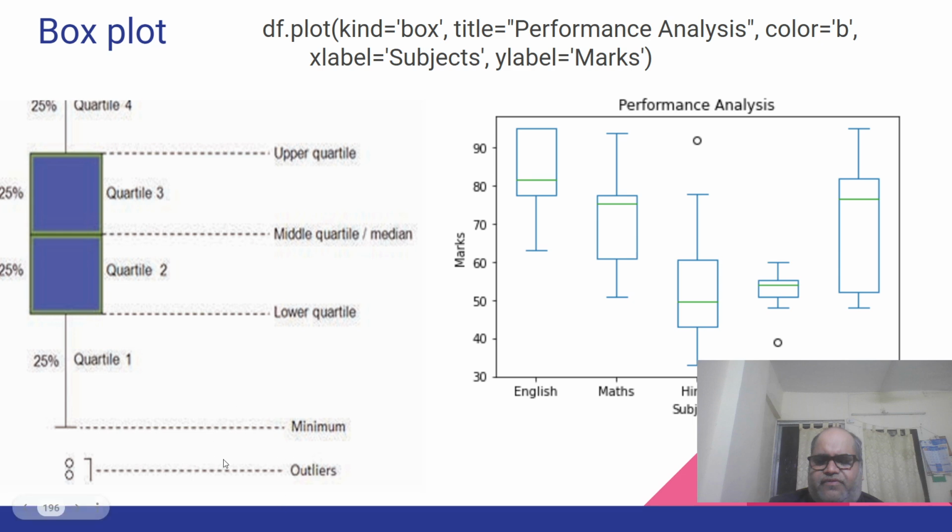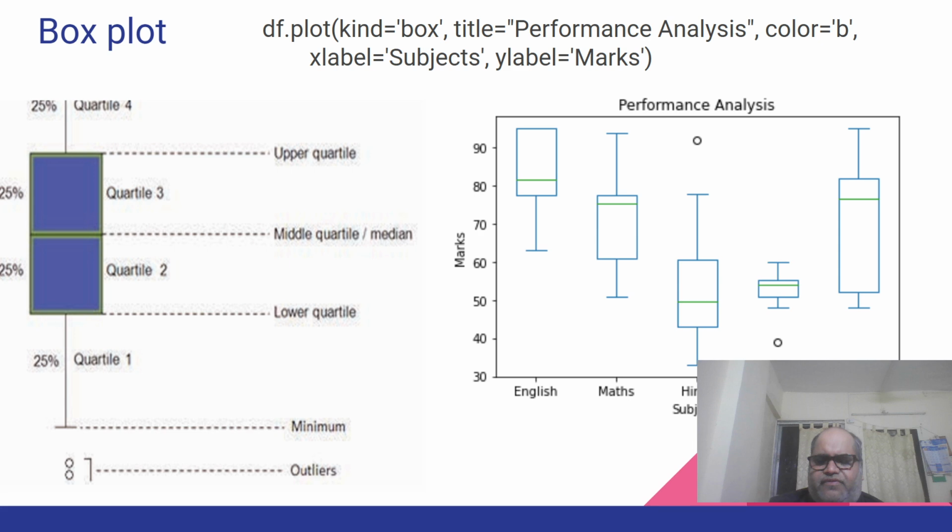So here, if you see at the bottommost, the small circles are the outliers, right? So on the bottommost part you'll see outliers. Then you get the minimum, right? In this particular case, the minimum could be 30.